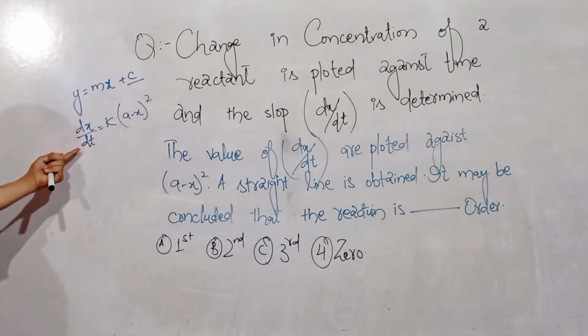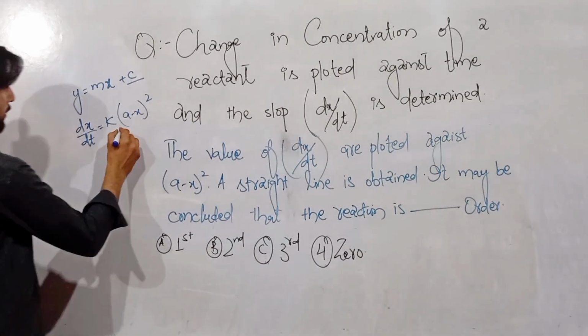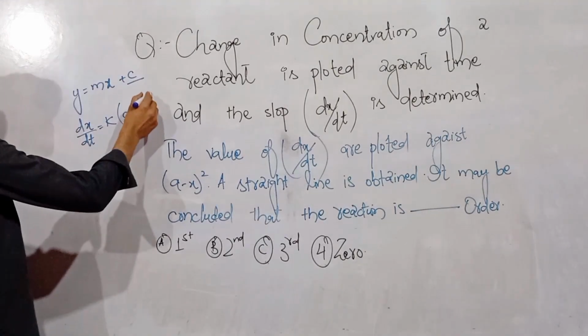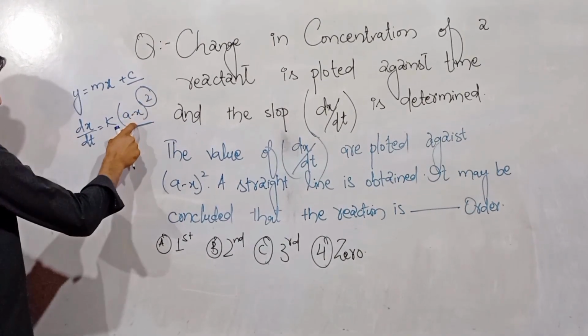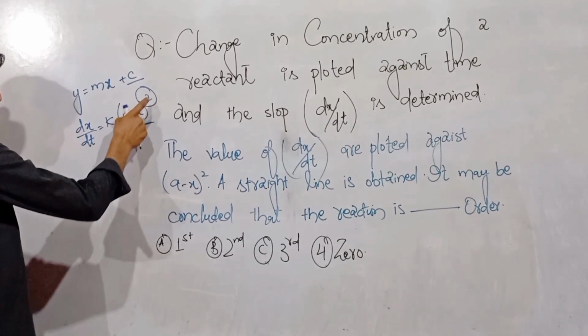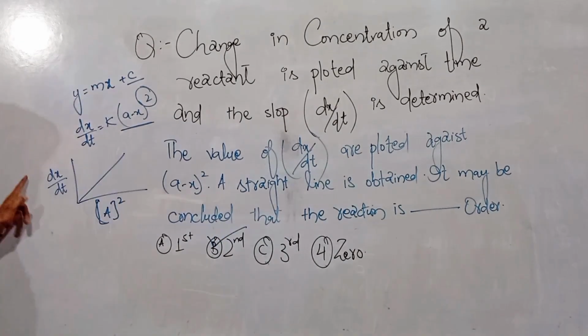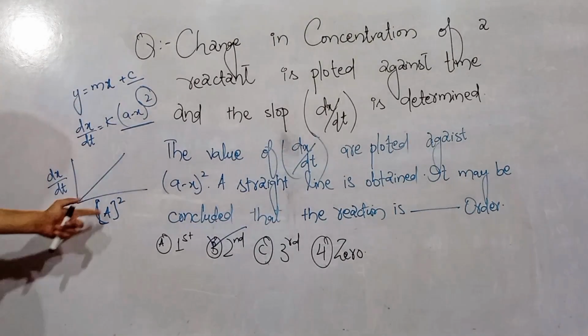So this becomes the rate law expression, and we know that the power of the concentration in the rate law expression is its order. Here the power of the concentration term is 2, meaning this is second order. So it was quite easy: rate of change of concentration against concentration squared gives a straight line for the second order.